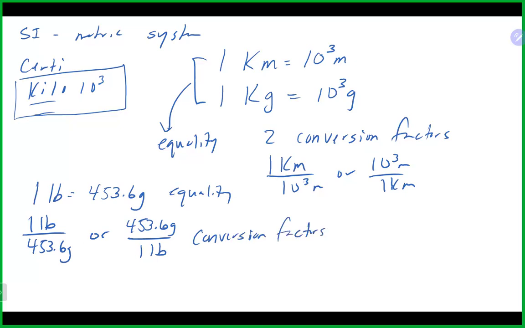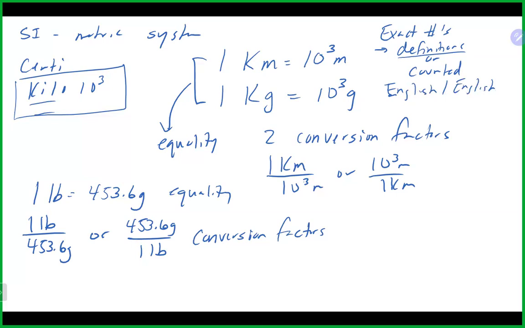Now, when we talk about numbers, there are things that are considered exact numbers. Exact numbers are basically definitions, or things that are counted. Under exact numbers in terms of definitions, English to English conversions are exact numbers.